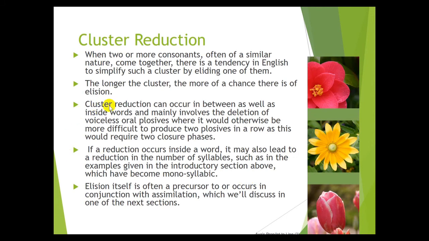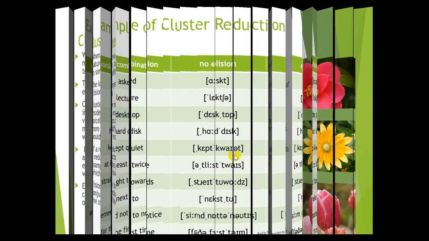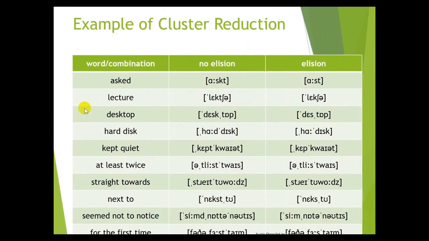Cluster reduction can occur between as well as inside words. Let's see the examples. I hope you still remember what is meant by consonant cluster. So we reduce the sound of the consonants in the cluster.